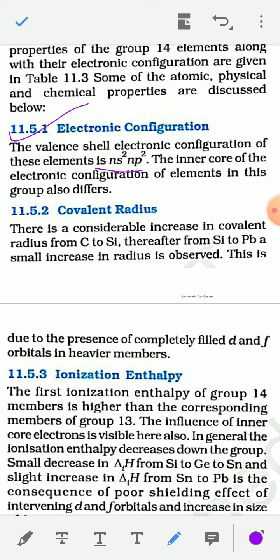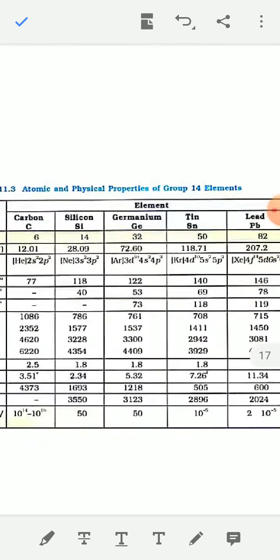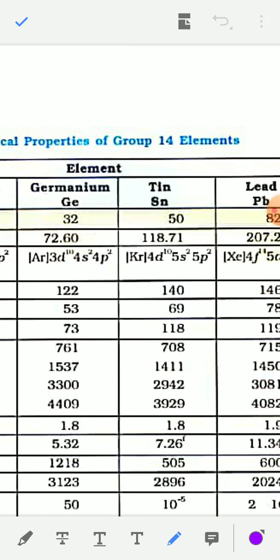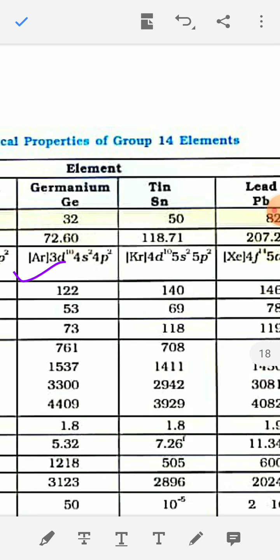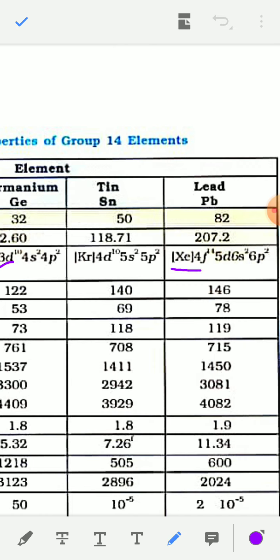The inner core of the electronic configuration of elements in this group also differs, and here the electronic configurations of different group 14 elements are given: carbon, helium 2s2 2p2; silicon, neon 3s2 3p2; and germanium, argon 3d10 4s2 4p2; tin, krypton 4d10 5s2 5p2; and lead, xenon 4f14 5d10 6s2 6p2.